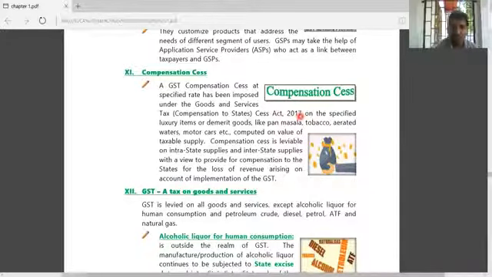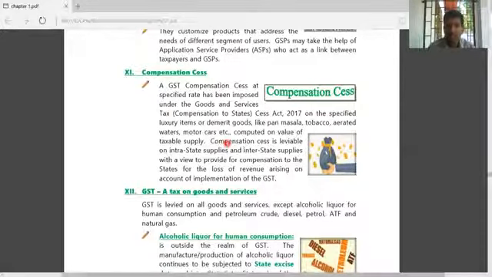Why is this act formed, and on what products is this tax imposed? This tax is imposed on luxury items or demerit goods like pan masala, tobacco, aerated water, motor cars, etc. So on luxury items and demerit goods or sin goods, this GST compensation cess is levied.